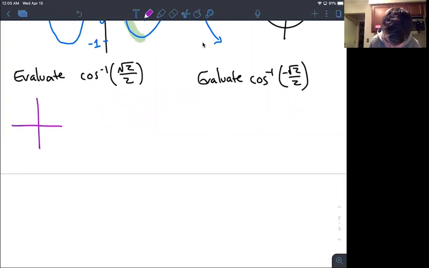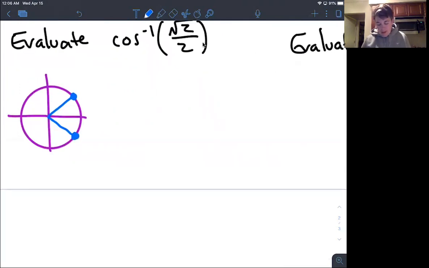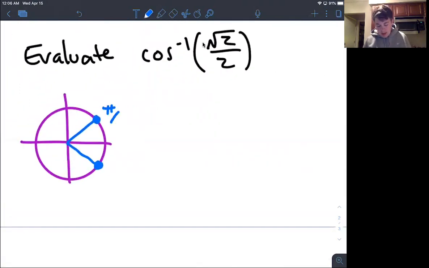So here we go. I'm going to look at my little unit circle here, my little sketch. And rad 2 over 2, so cosine is the x value, so rad 2 over 2 happens right here. It also happens right here, positive rad 2 over 2, and that is pi over 4 right there. But thinking principal values, the principal values are up here, so I don't even need to worry.